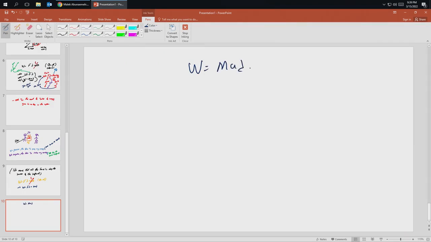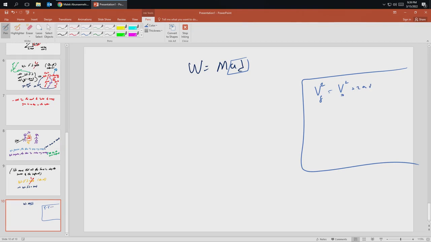Well, let's take a look at the first energy level over here, for instance. If you remember from Newton's equation, we have the final velocity squared equal to your initial velocity squared plus 2ax.